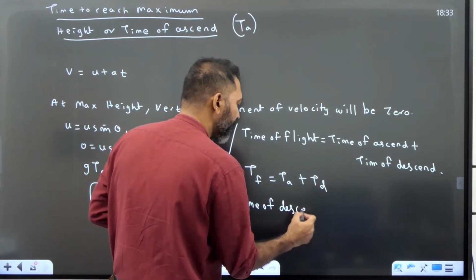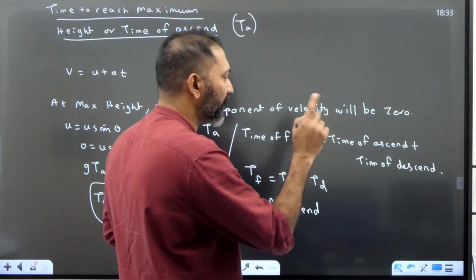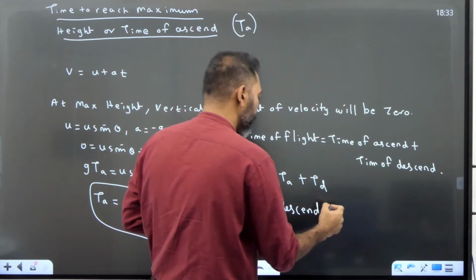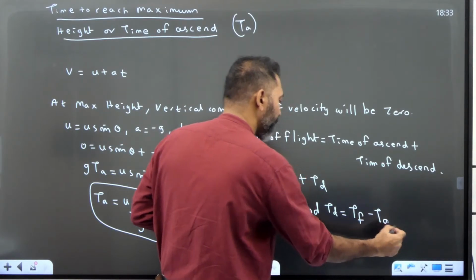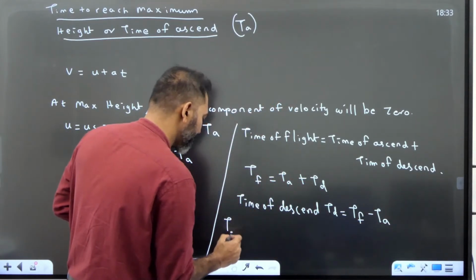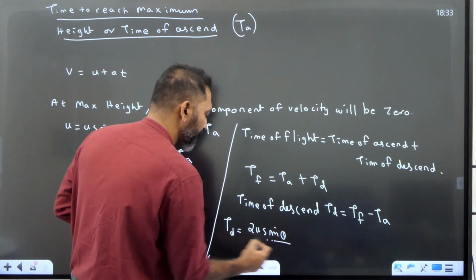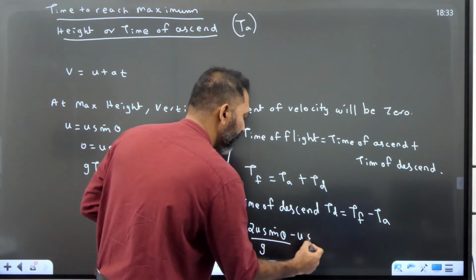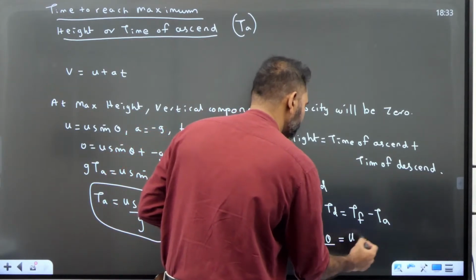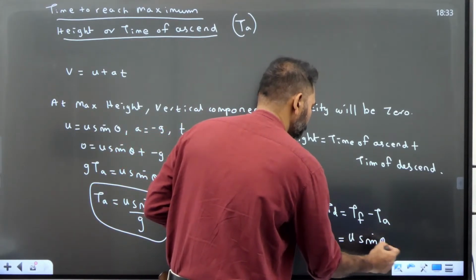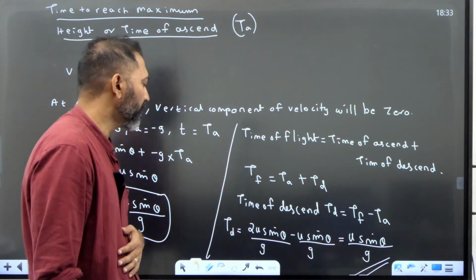It is the time taken by the projectile to reach the ground from the topmost position. Time of descent t suffix d is equal to time of flight minus time of ascent. So time of descent is equal to 2u sin theta by g minus u sin theta by g, which is equal to u sin theta by g.